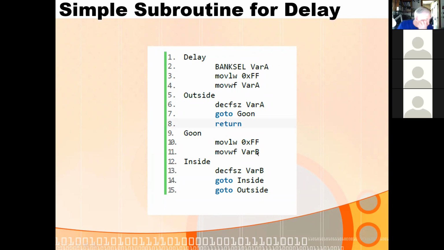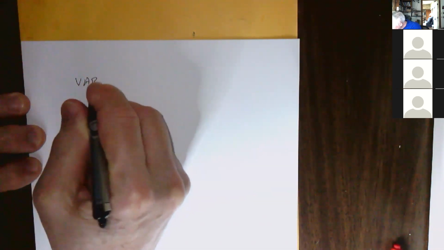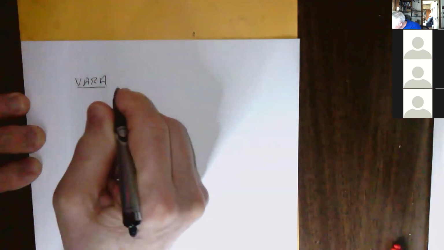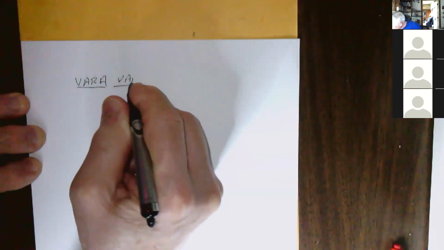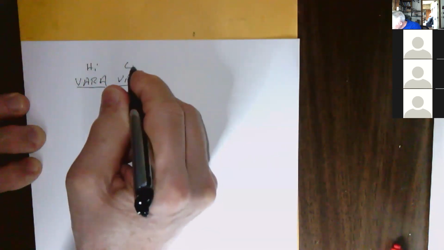So if we looked at this, let's see, turn on the light here. We would basically see variable A and variable B set up sort of like this. So this is our high order and this is our low order.